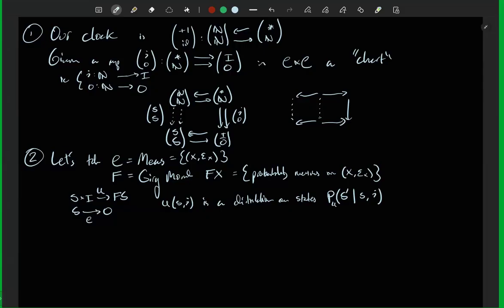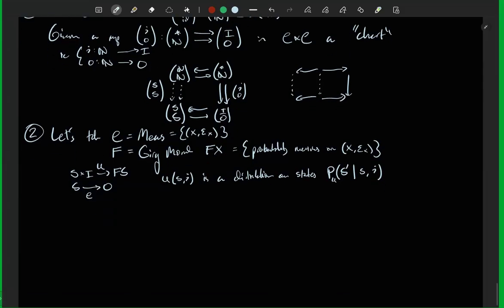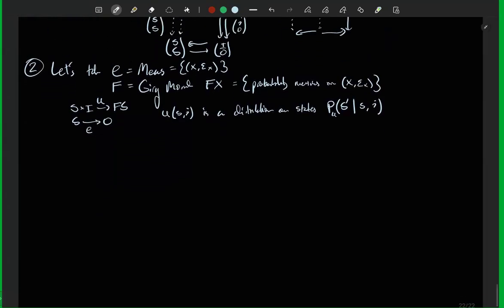I'm not going to be totally formal about this. But in order to make sense of what we might want from a behavior here, we want to ask what would a behavior of such a stochastic system even be? Before we go into the representability, let's just consider the closed case, which is that IO is equal to star star.